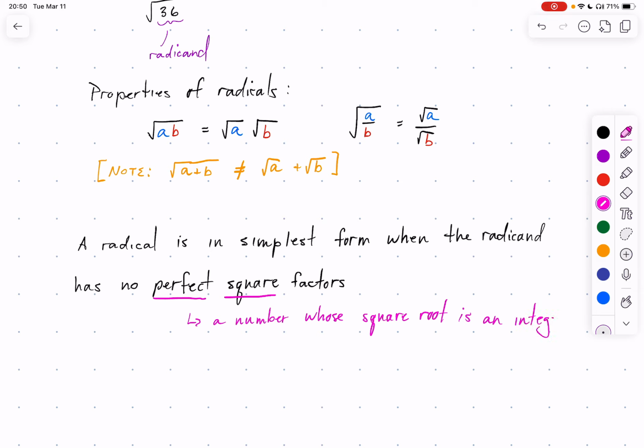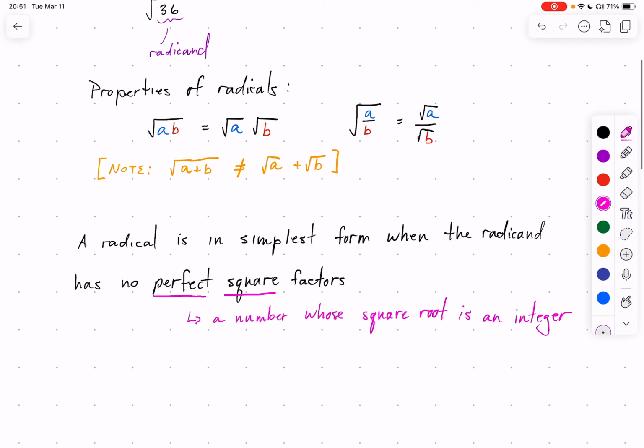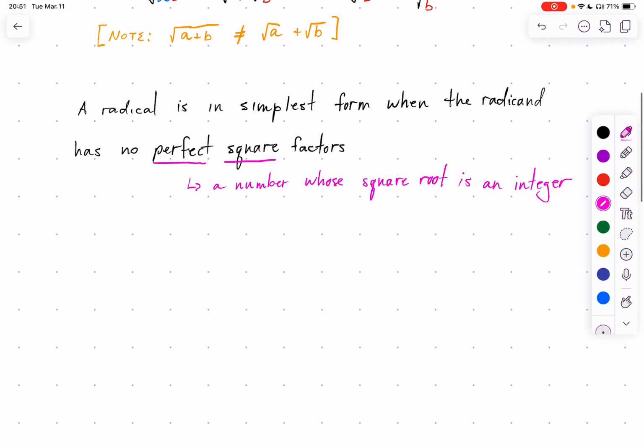Okay. So a whole number, positive or negative whole number. But in our case, we're going to be dealing with positive numbers. Okay. So let's look at some examples here.